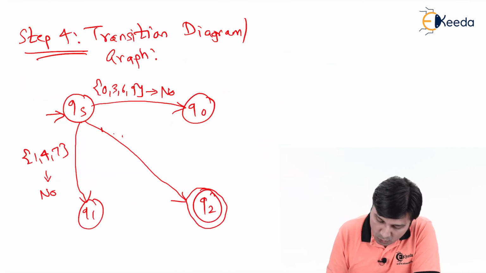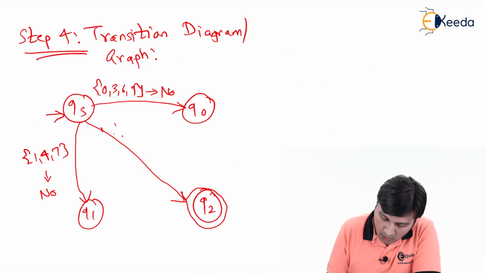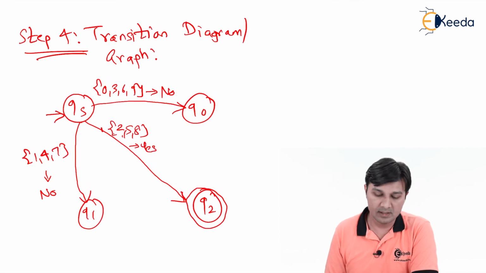So QS is going to Q2 on receiving input 2, 5, 8 and the output which it gives is yes.